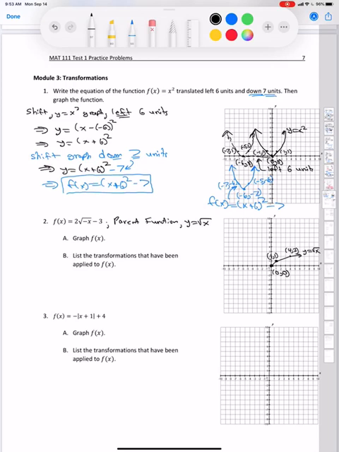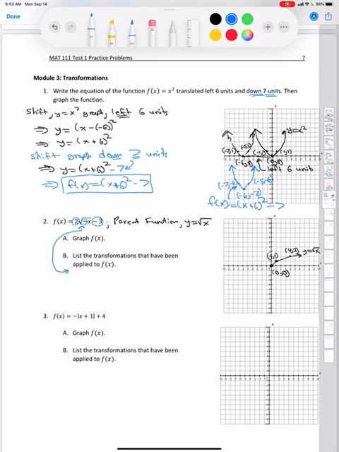Now, what I want to do is graph f of x. So we're going to talk about the changes that take place. And I'll circle them. There's 3 transformations in this problem. I've highlighted them right here. So the first thing I'm going to do is talk about this negative inside here. What does this do? Let's list the transformations.